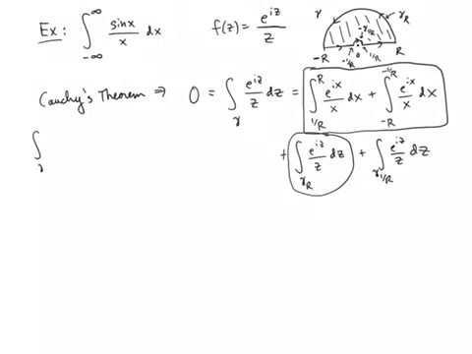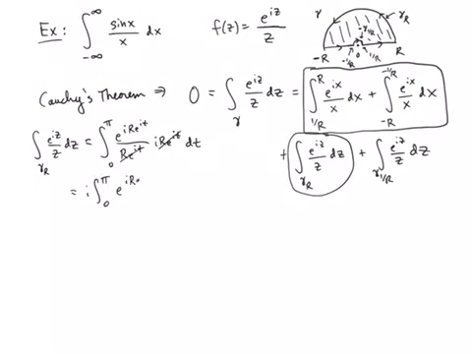So the integral around gamma sub r of e to the iz over z dz, that's the integral from 0 to pi of e to the i r e to the it over r e to the it, and then dz is i r e to the it. So the r e to the it's cancel, and you're just left with i times the integral from 0 to pi of e to the i r e to the it dt.